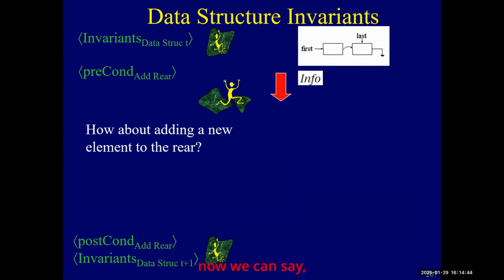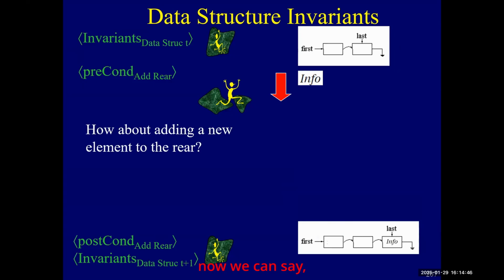All right, so now we can say, if we're doing a queue, right, we have to add things to the other end. All right, so how do we add something here? I guess I'm saying it's homework. It's not very hard, right?